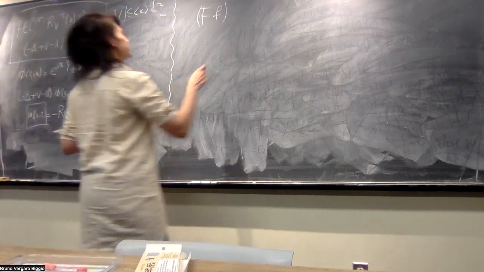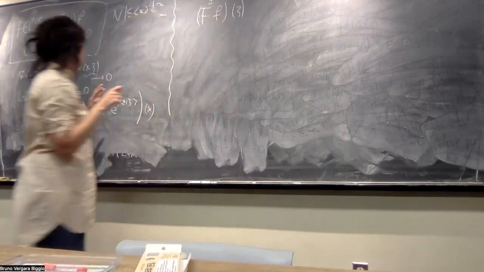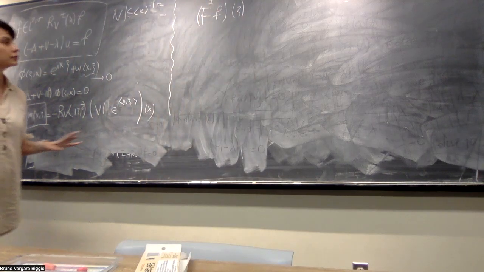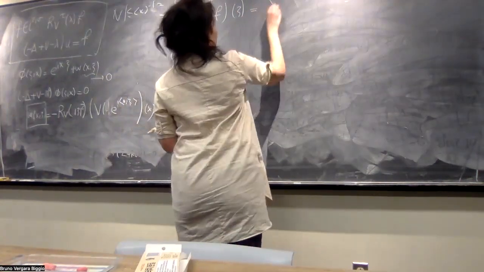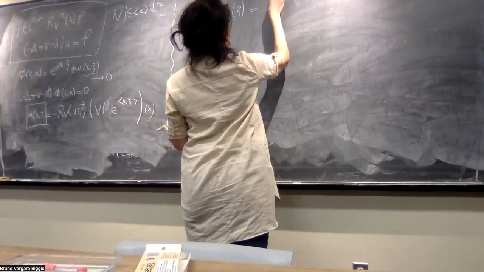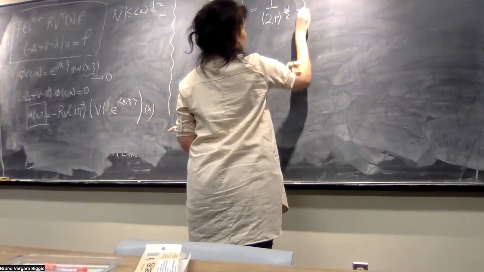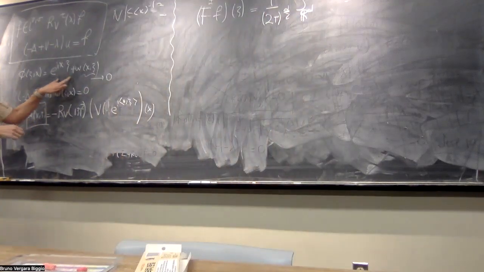So this is how the distorted Fourier transform is defined, in general for any dimension, for this kind of decaying potential. Of course, I will have some 1 over (2 pi) to the d over 2, integral over R^d, and I will have exactly this function.